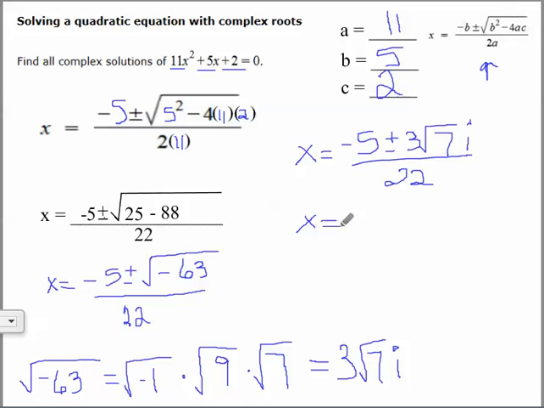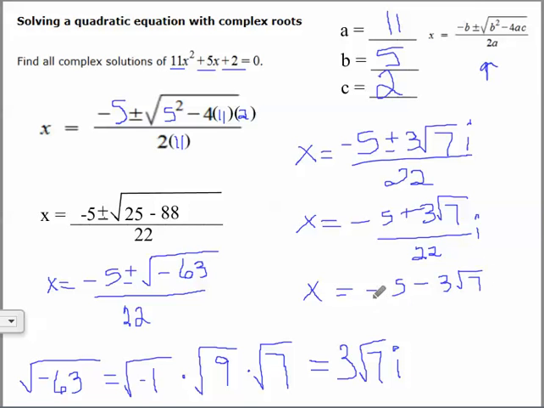So we're going to have that x equals -5 plus 3 square root 7 divided by 22. Remember, we put the i out here to the side, times i. And then we're going to have x equals -5 minus 3 square root 7 divided by 22 times i. So here are our final two solutions.